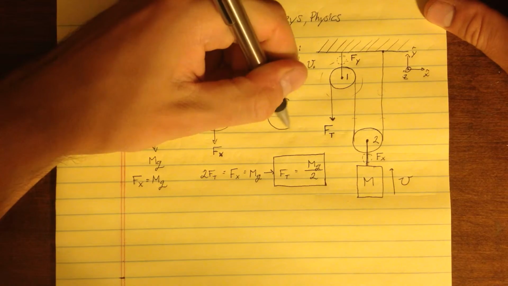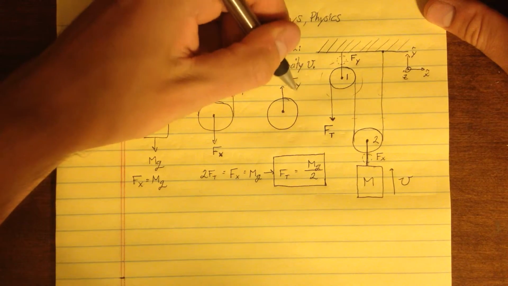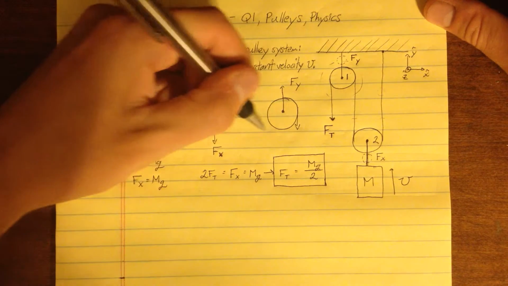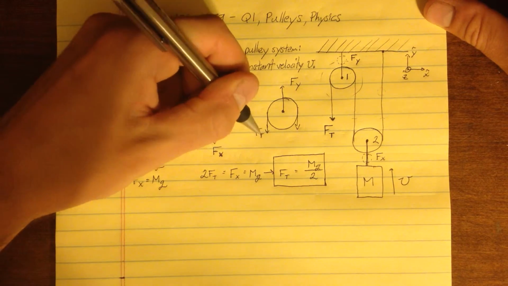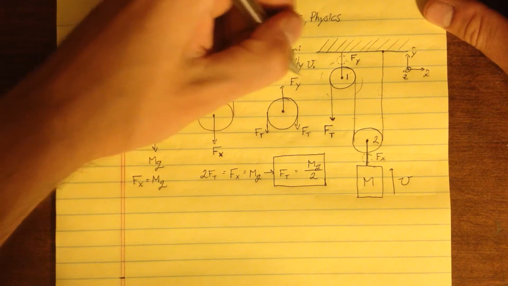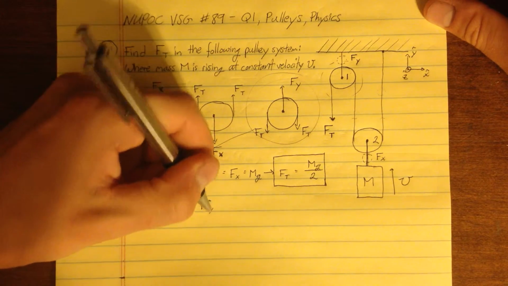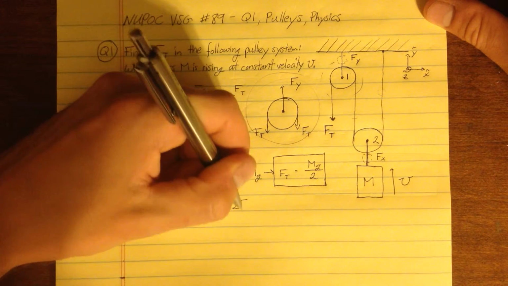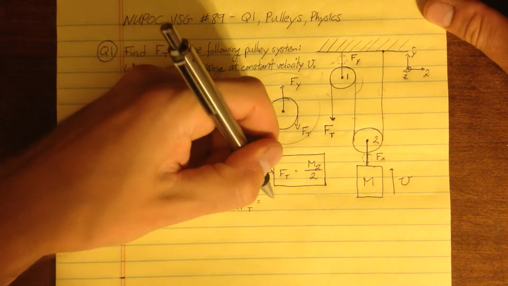So now if we look at pulley 1, we have Fy pulling it up, and we have 2 Ft's pulling it down. So from this, we could say Fy equals 2 Ft, right? So that means it equals Fx.